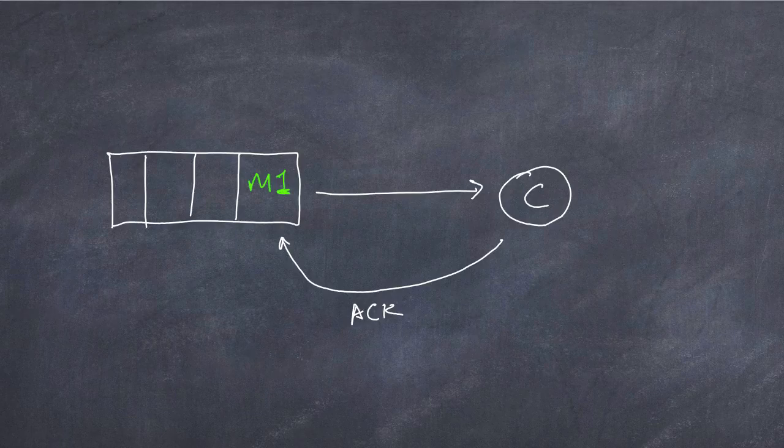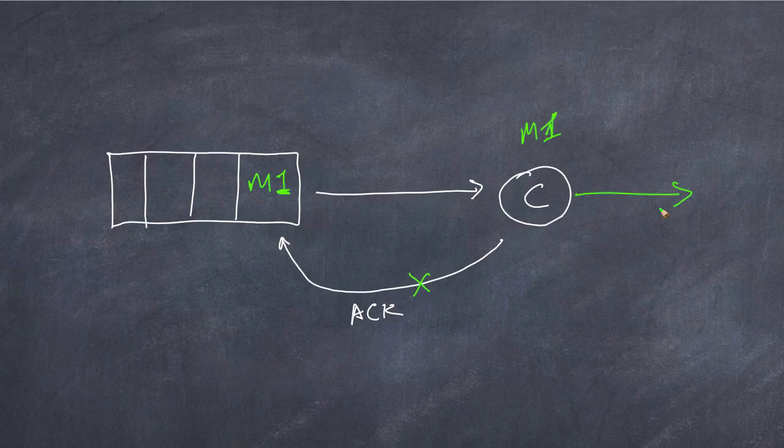Now, what happens when the consumer receives a message, say message 1, but then the ack does not happen? At the same time, that message already got processed and stored, or some operations were already performed on that message.